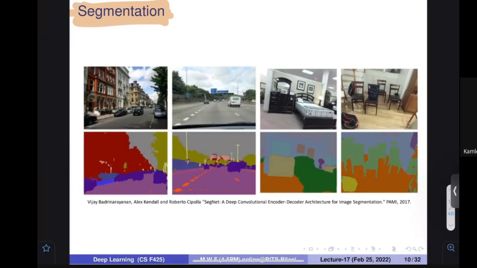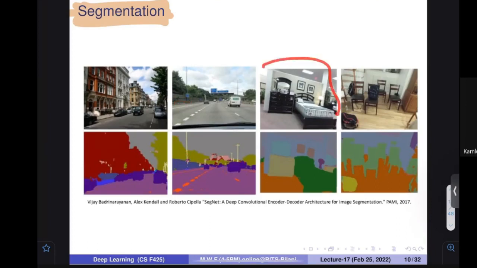So you have to find that out. Looks like one color represents one kind of item. Here is a road, here is a tree, here are the shops, then there is a tree and there is a sky. All these things you have to find out.